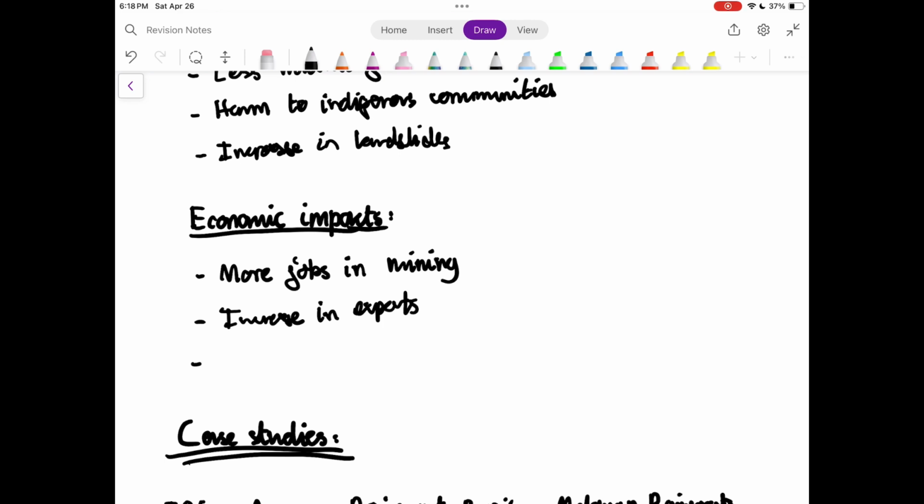And finally, another economic impact is that there is less eco-tourism, and this is because ecotourism is primarily based on the natural environment. So this may harm the tourism sector of the economy, and this can also lead to a decrease in employment in the tourism industry.